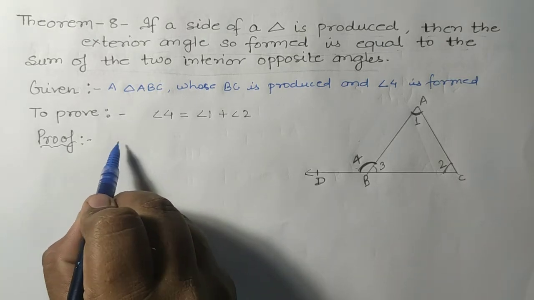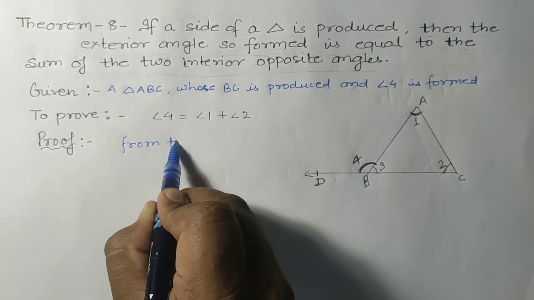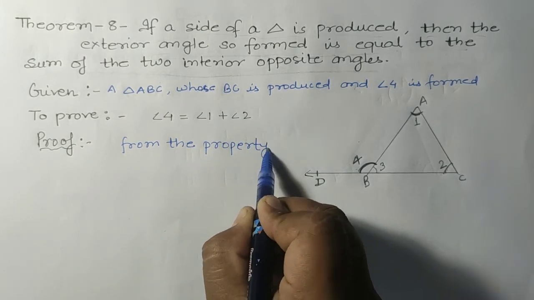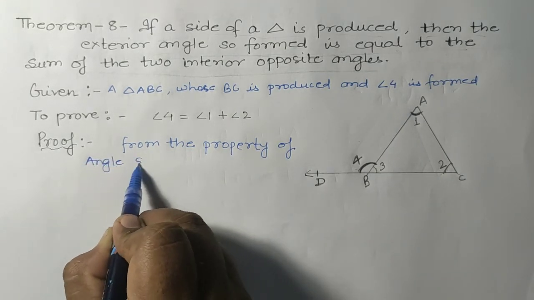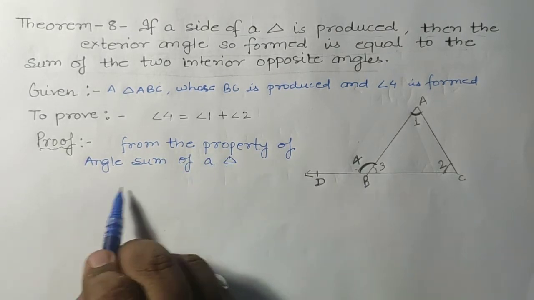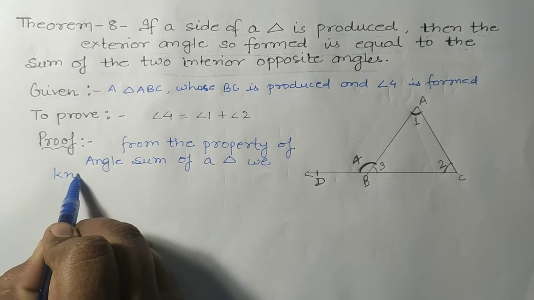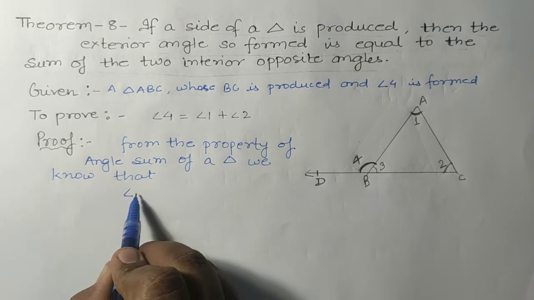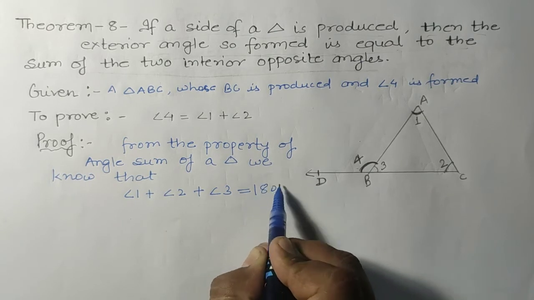See students, as we have studied earlier, from the angle sum property of a triangle, we know that the sum of all angles of a triangle, meaning angle 1 plus angle 2 plus angle 3, will be equal to 180 degrees.